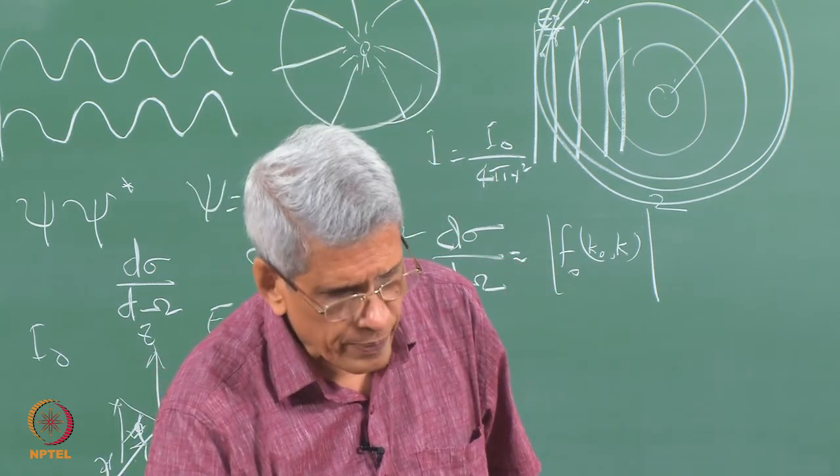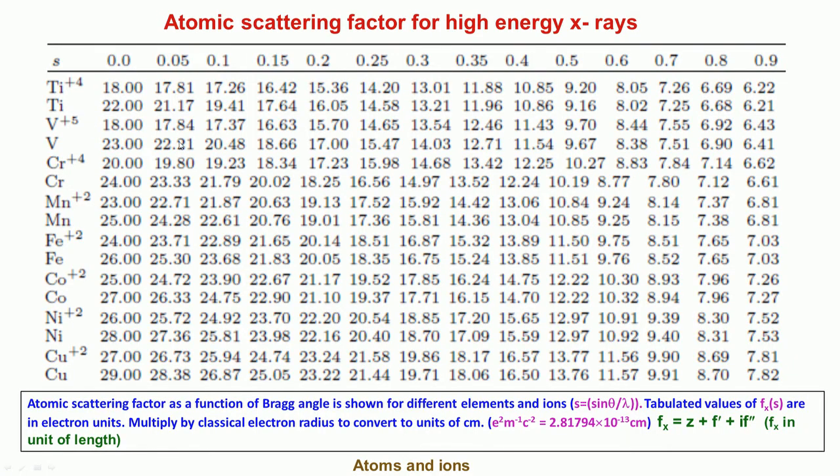Now here, if we see this, as the atomic number increases, F also increases, and as the atom gets ionized, the number of electrons in the ion is going to be smaller.